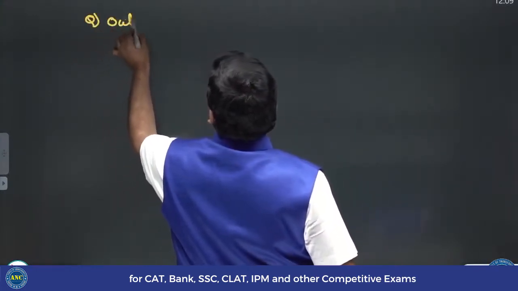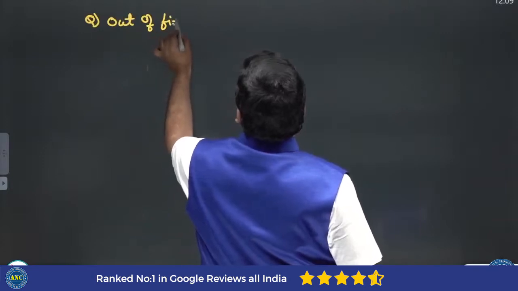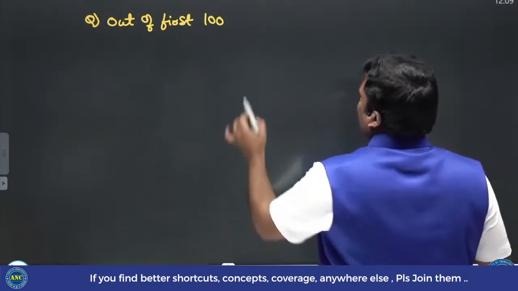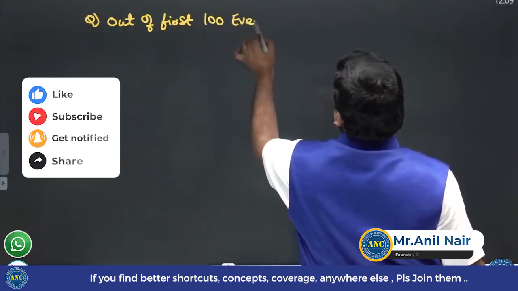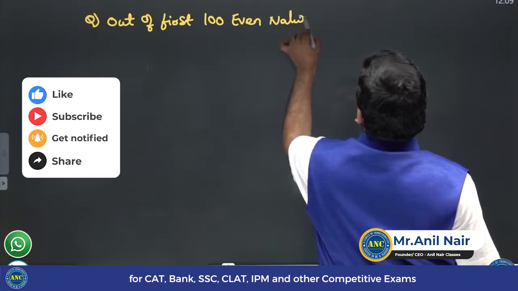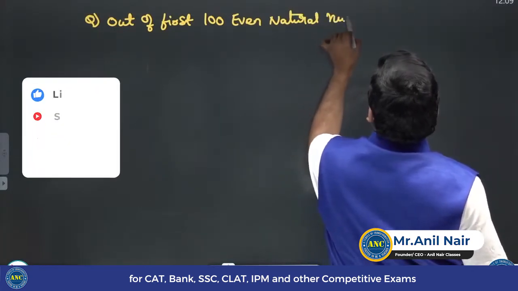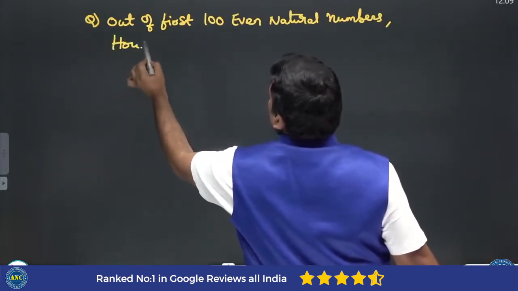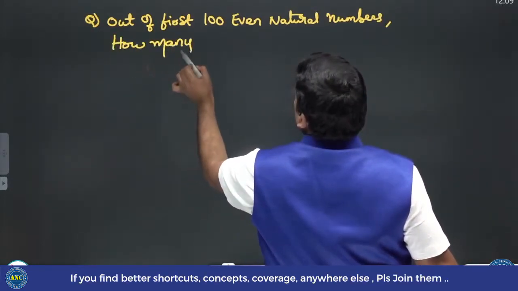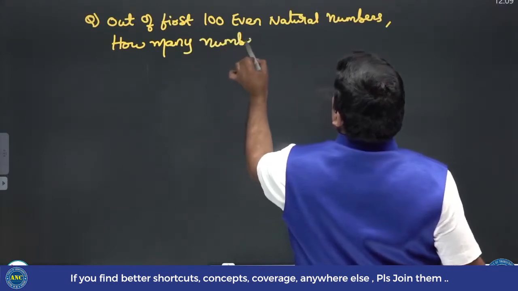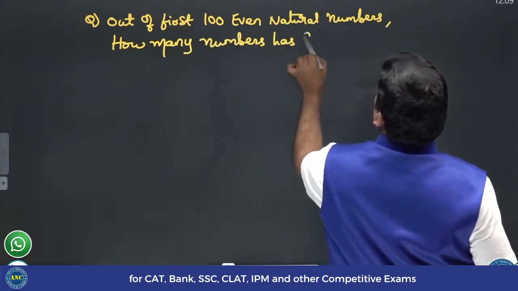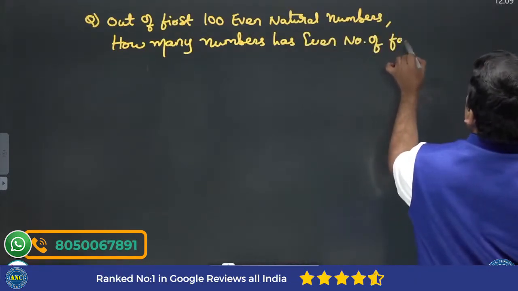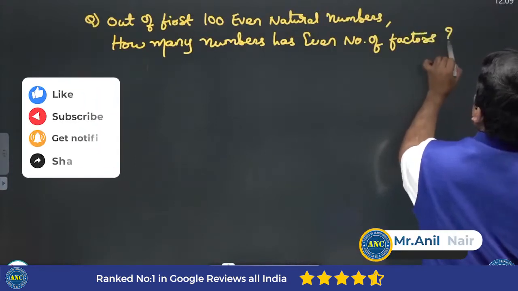Out of the first 100 even natural numbers, how many numbers have an even number of factors?